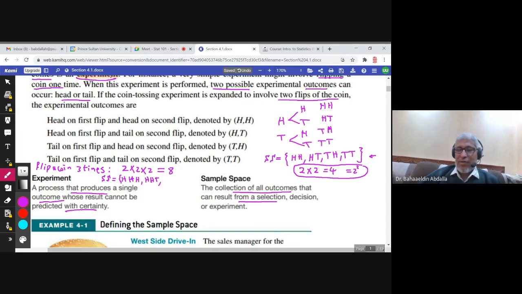So from each outcome here, you will have 2 outcomes here. Then you have HT, so you can write HTH and HTT, and so on. So you will have 8 outcomes if you flip a coin 3 times.